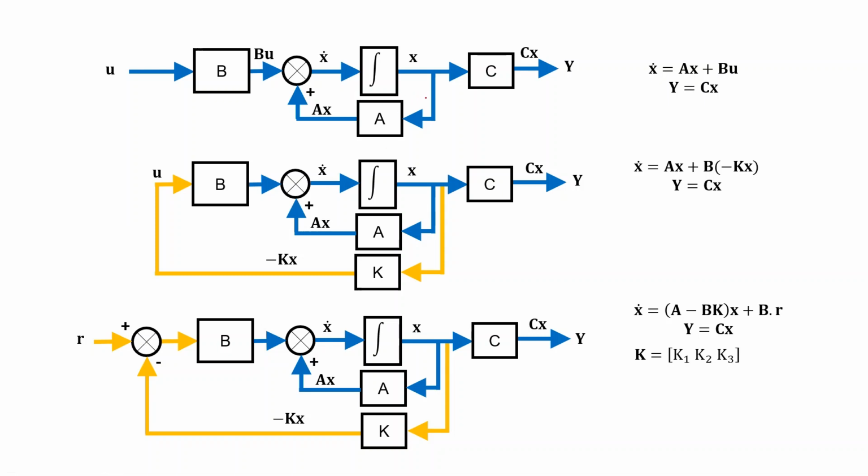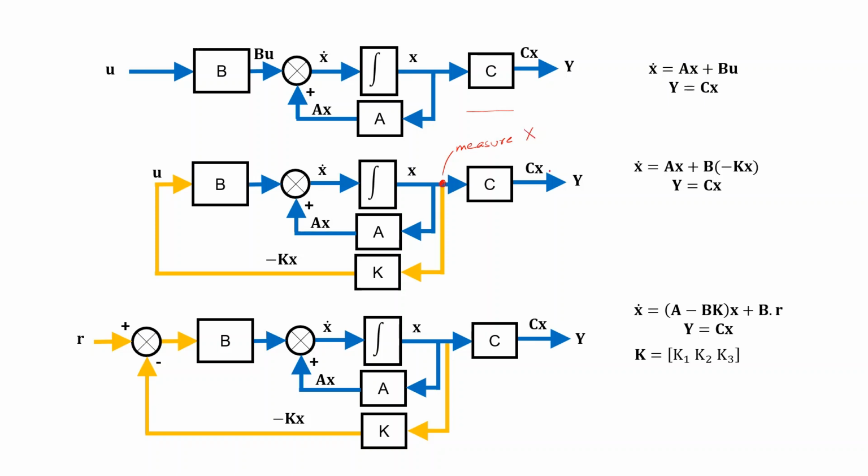So suppose this is our system: x dot is equal to Ax plus Bu and y is equal to Cx. Now pole placement means that we will measure x here. You can measure it with the help of some sensor.